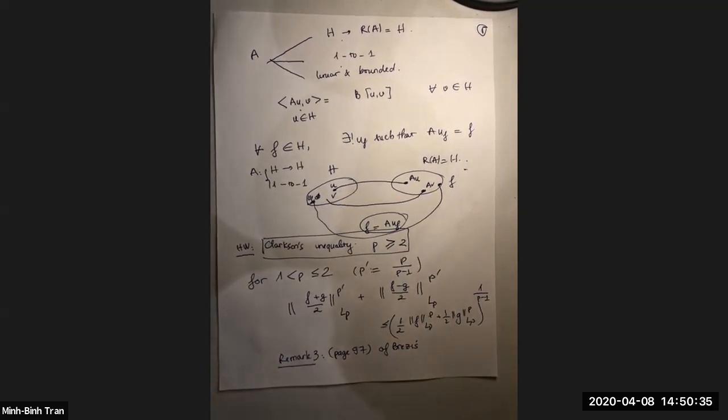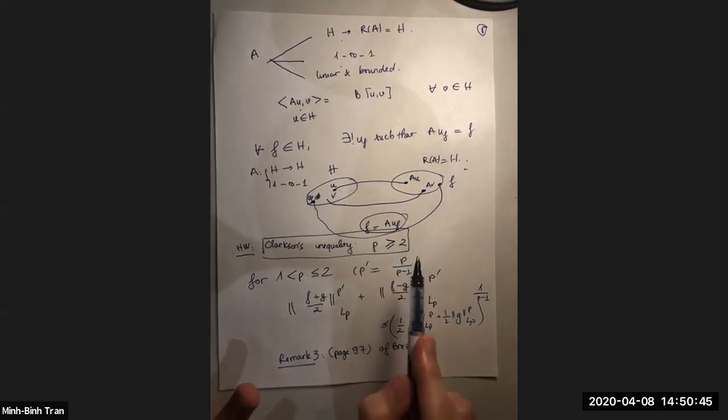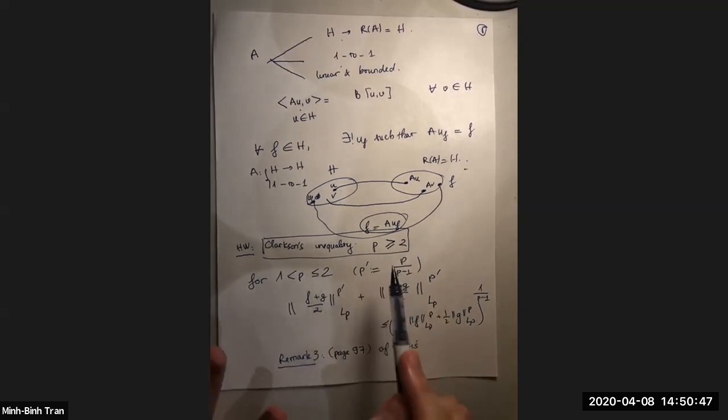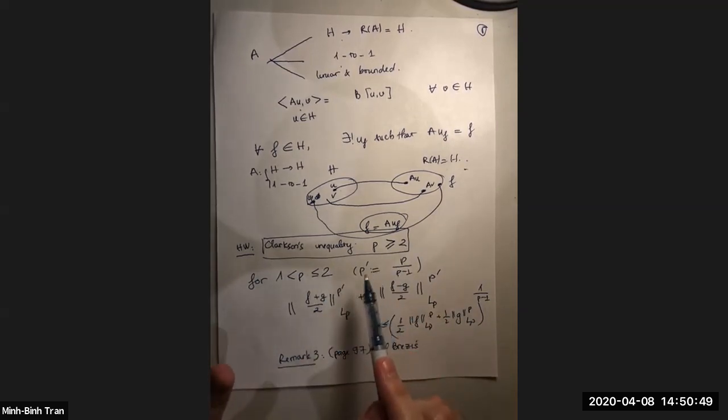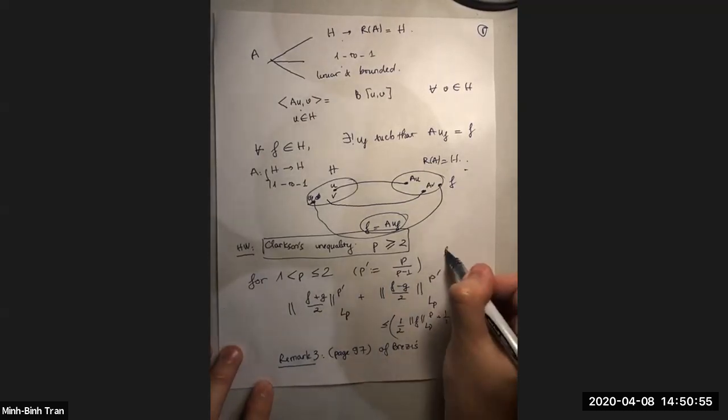All right, I explain again. In our previous class, I proved for you the Clarkson inequality, which is true for p bigger than or equal to 2. Now I want you to extend this by showing that you also have the Clarkson inequality, but you have to modify the form a little bit.